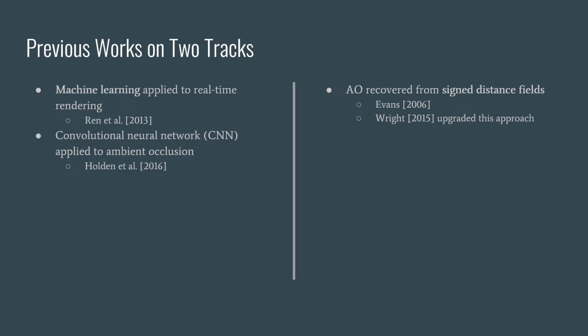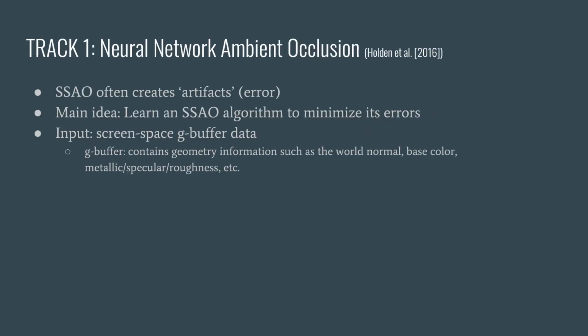On the other hand, in 2006, Evans suggested a way to compute the occlusion using signed distance field, which I will cover later, and Wright improved this work in 2015. I will talk about how the two tracks progressed in the ambient occlusion field.